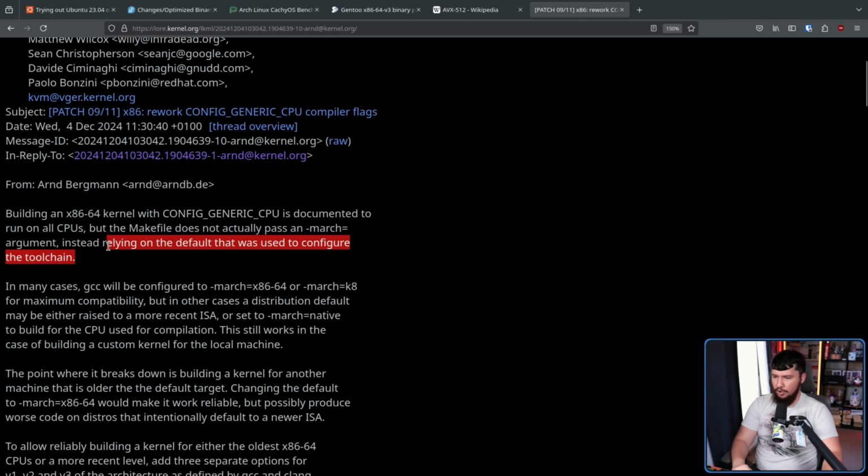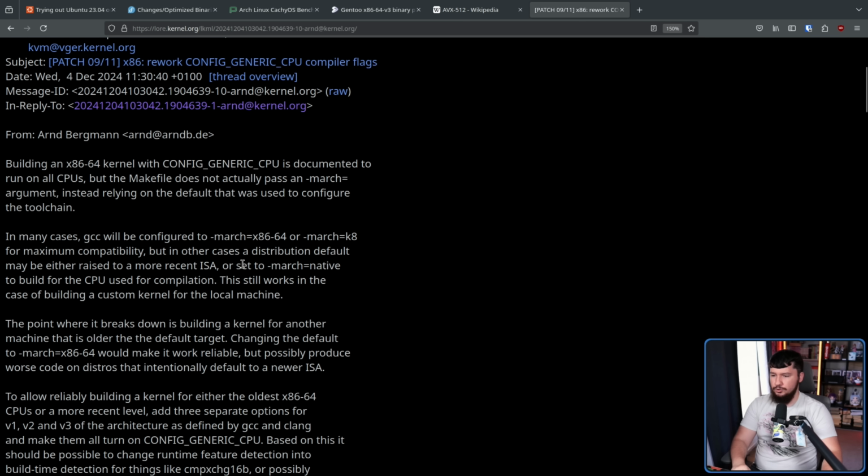This is going to depend on the specific distro, or in some cases, the user if they actually configure the toolchain like you would on something like a Gentoo. "In many cases, GCC will be configured to march x86-64 or march K8 for maximum compatibility, but in other cases, a distribution default may be either raised to a more recent ISA or set to march native to build for the CPU used for compilation."